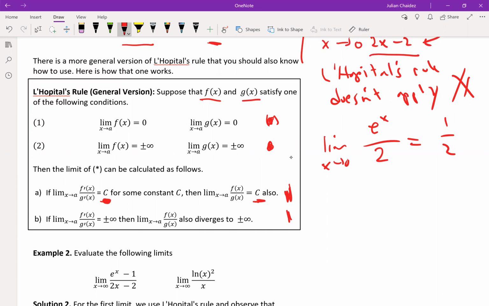So when the limit of the ratio of the derivatives exists, then so does the regular limit, the limit of the ratio of the original functions, and that limit agrees with the limit of the ratio of the derivatives, right?